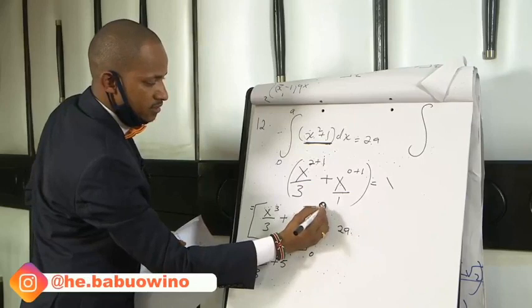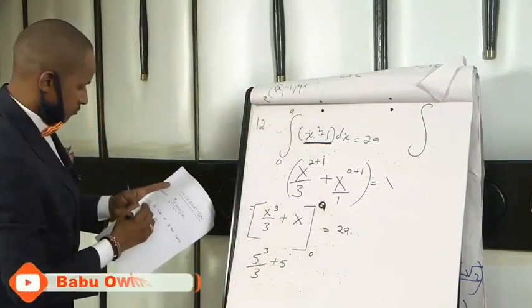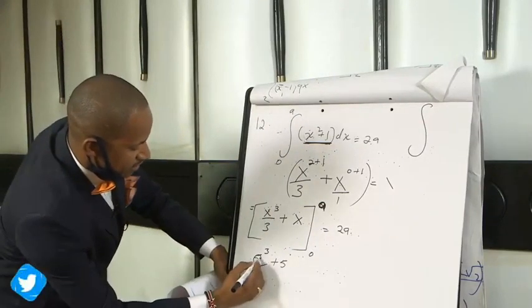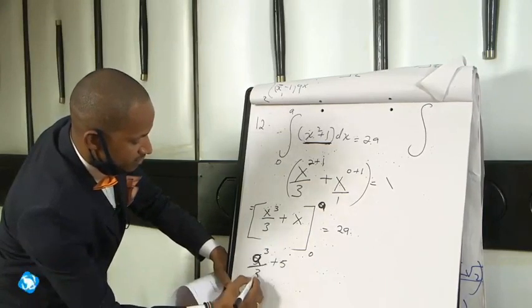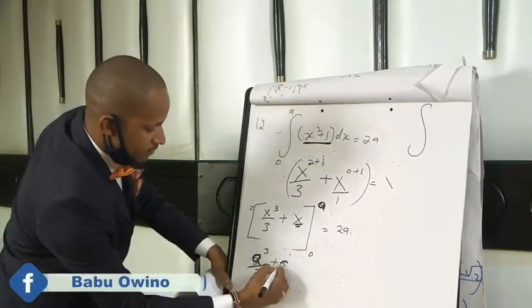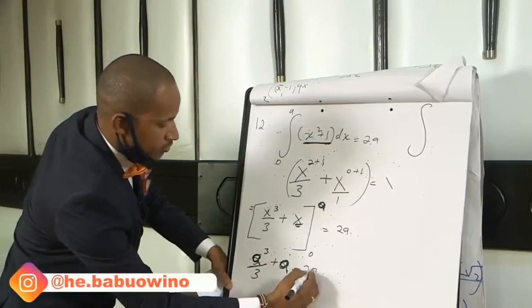This is a and 0. So we are finding the value of a. Where there is x, you write a. So it is a cubed. a raised to power 3 divided by 3, plus, this is a, not 5, a, equals 2a.